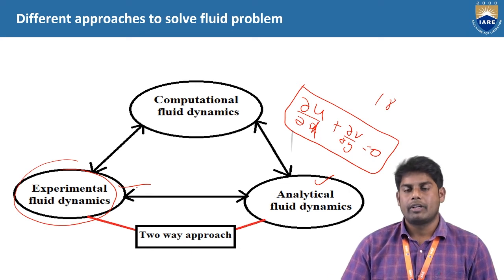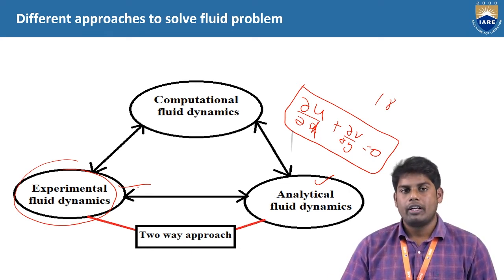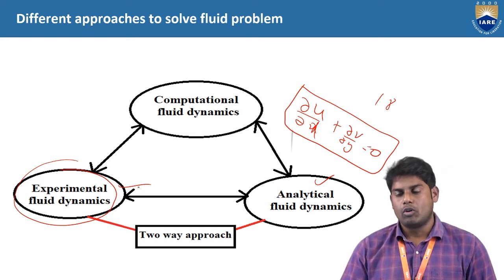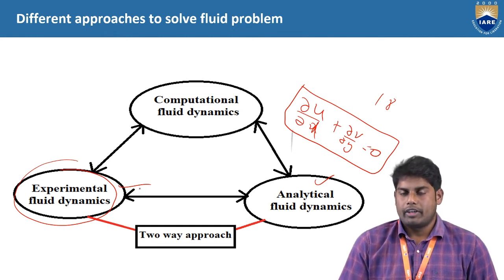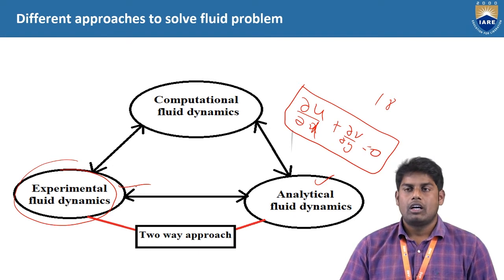After conducting these experiments, people used to study the behavior of the fluid over a particular domain or a body, and what its effect is. So how can we optimize the shape of the body, how to decrease the drag, how to increase the lift of an aircraft. These kinds of things are estimated.